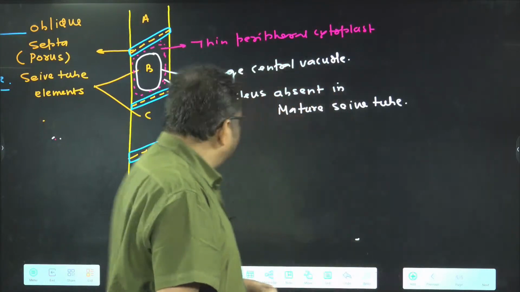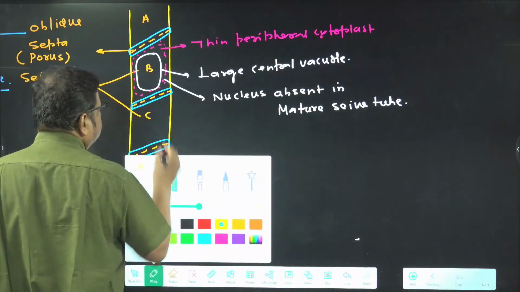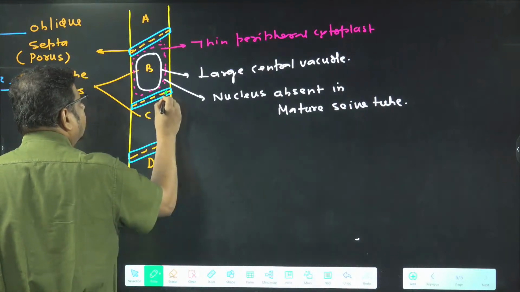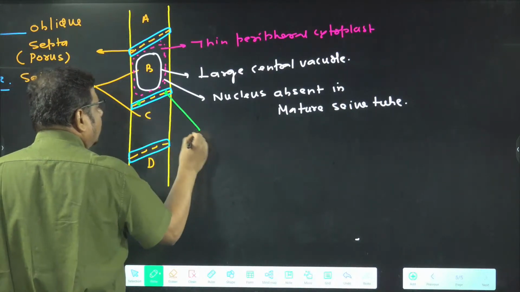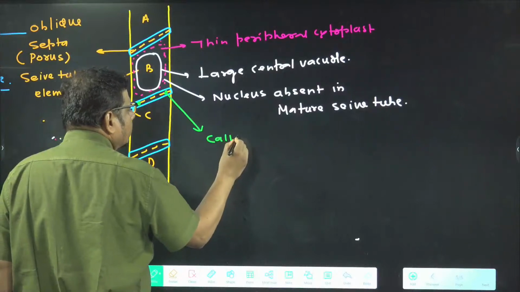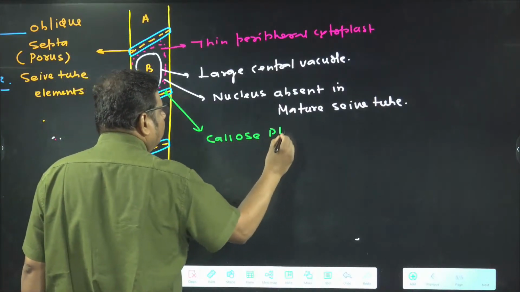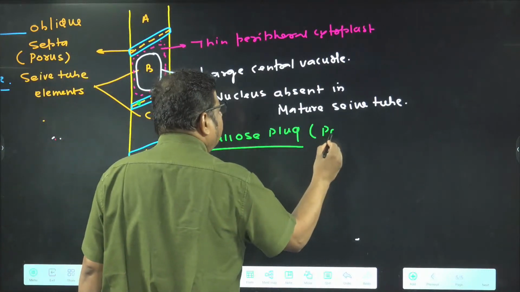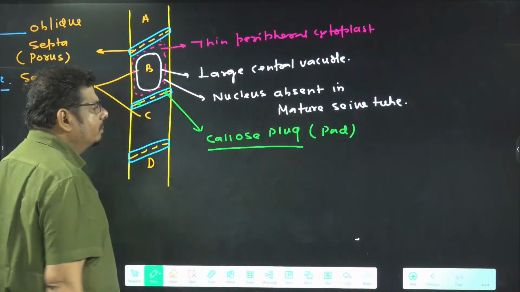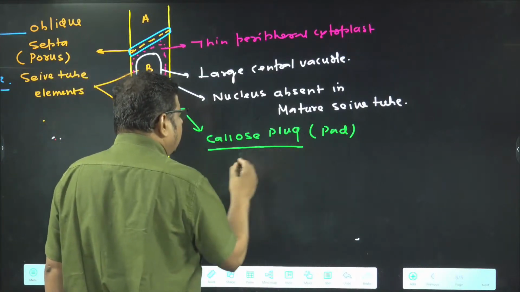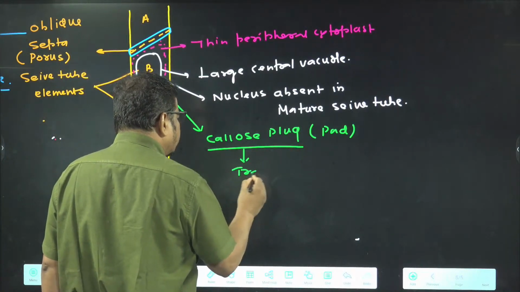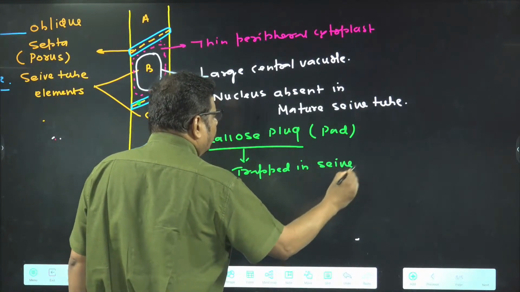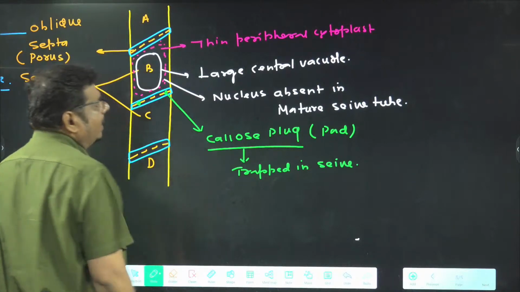Here who is blocking? Here it is blocked by a callose plug. So here it is blocked by which one? Callose plug. So callose is going to trap in the sieves. It is callose plug. Getting the things? Or it is also forming a pad-like structure, called callose pad. So these callose are trapped in sieve. Why is this happening?